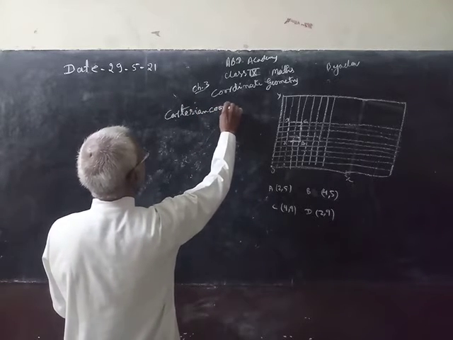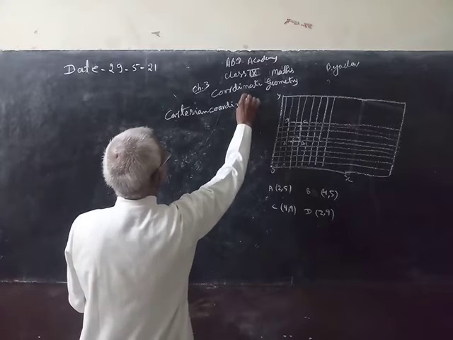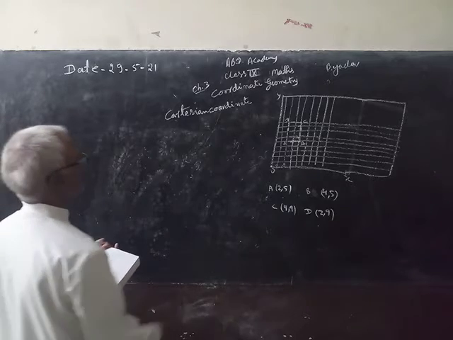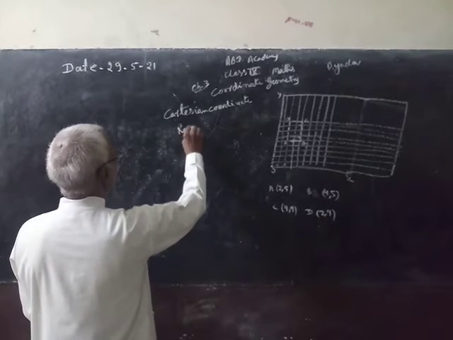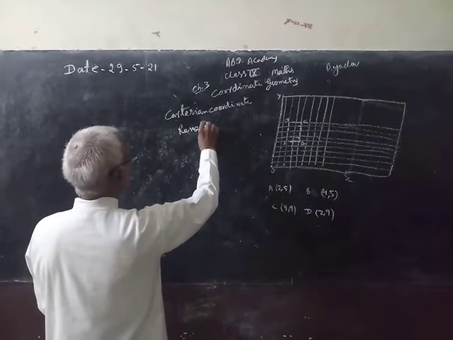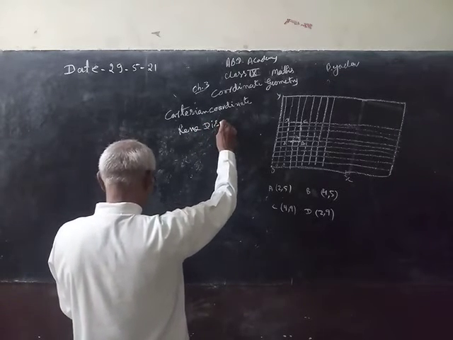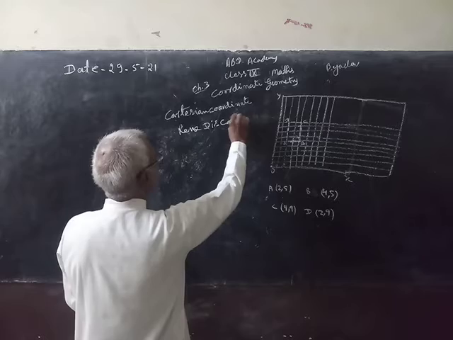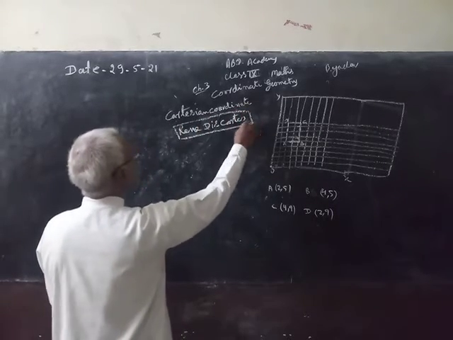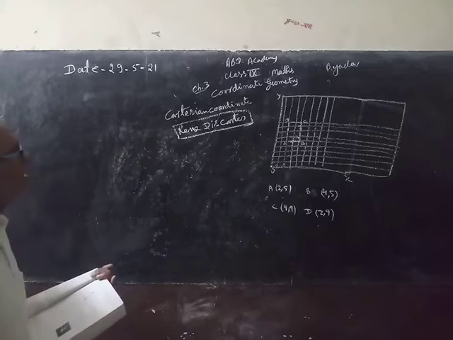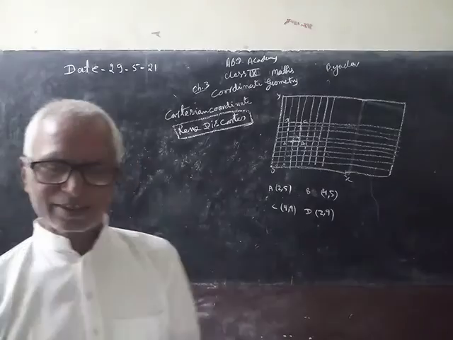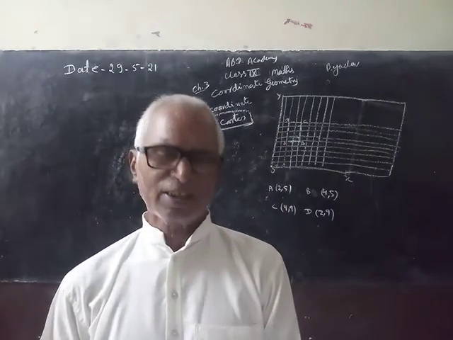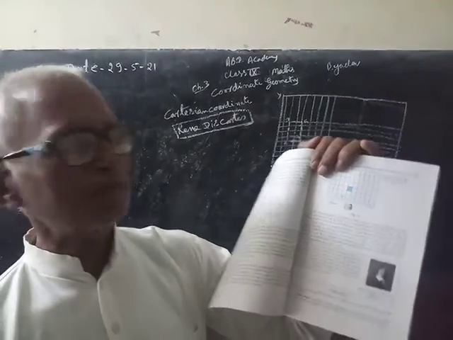Cartesian coordinates. It was given by René Descartes, a mathematician. First we move on the x-axis, then on the y-axis. Then the position of anything can be asserted in a plane.